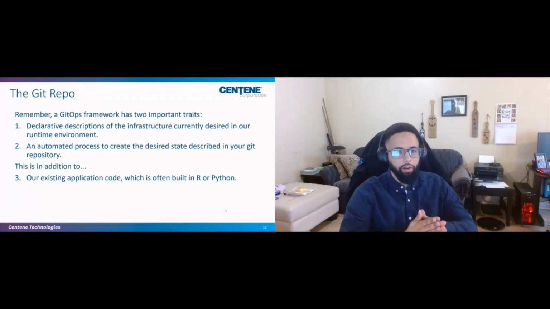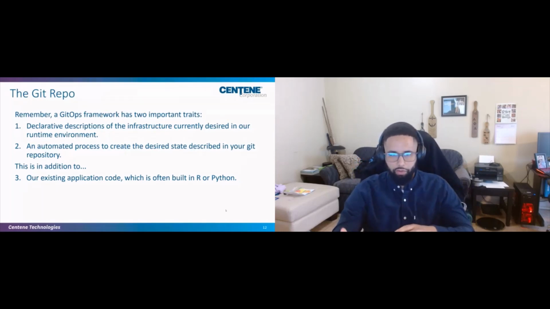And we have our automated process, which is run by GitLab to create the desired state described in your Git repository. So this is in addition to our existing application code. And most of our code is built in either R or Python, given that we're a data science team.